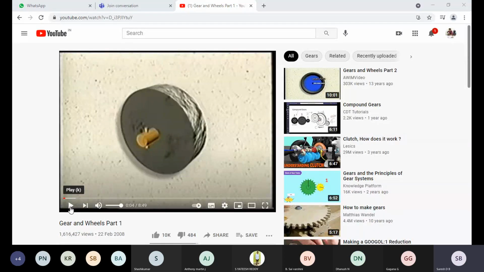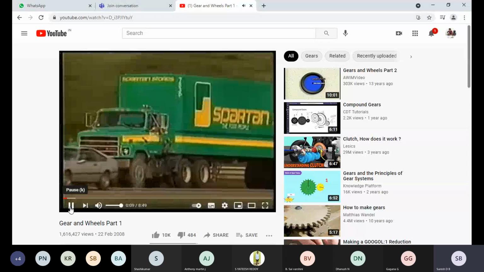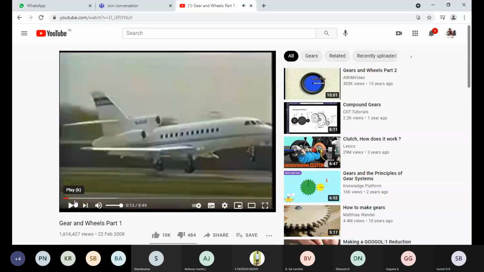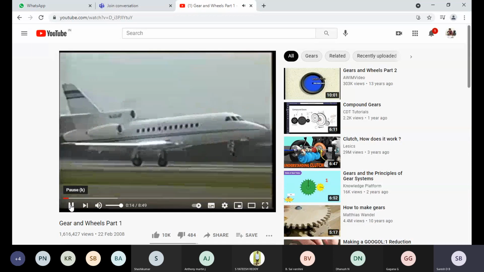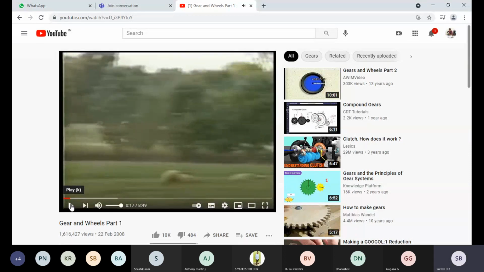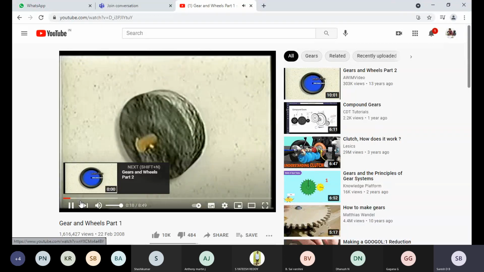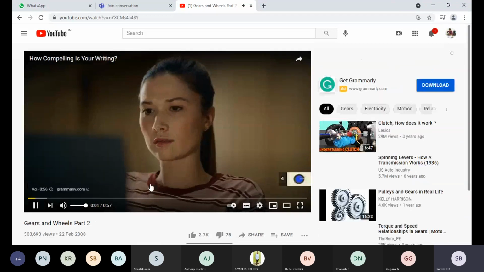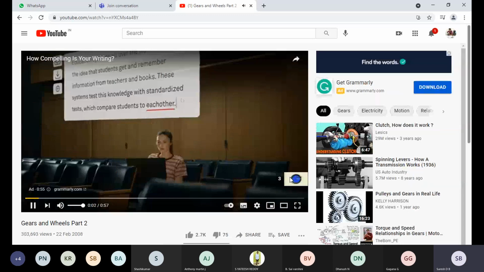See here. In this one there are no teeth, only the circle is rotated. All automobiles use this type of gear mechanism.